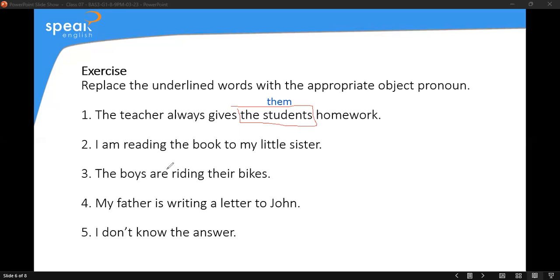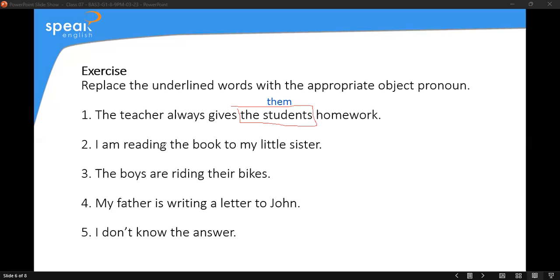The verb is telling you what the object is. The verb is reading. So what is the object?